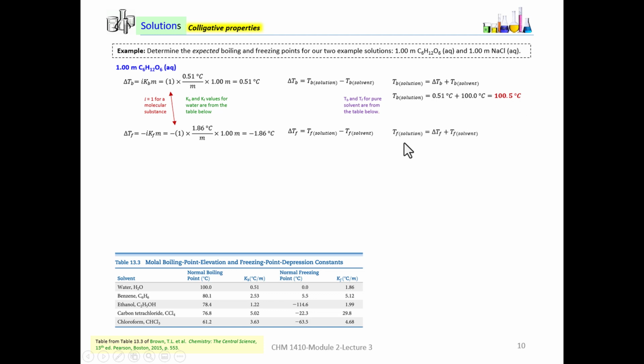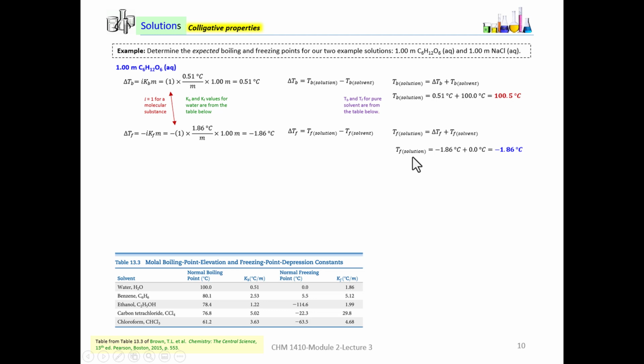Similarly, for the freezing point of the solution, we can find that by solving for TF of solution out of this equation. And it's simply going to be the freezing point depression plus the freezing point of the solvent. You say, well, how does that work? Well, remember the freezing point depression we calculated is minus 1.86. The freezing point of the solvent in this case is 0.